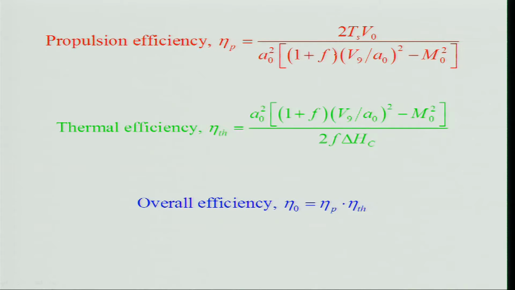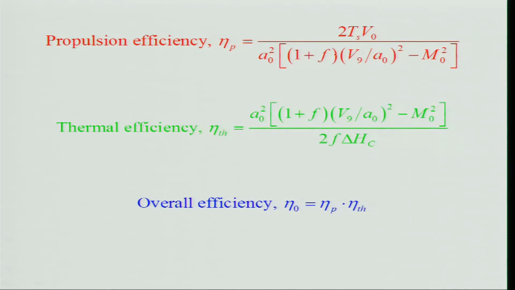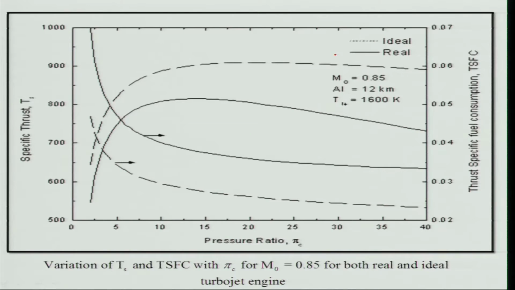Now, what I am thinking is I will take an example. I will be a little fast in doing that, but at some point where we will be looking at critical pressure, I will spend more time. But before that, let us look at what is happening by carrying out a specific thrust analysis.